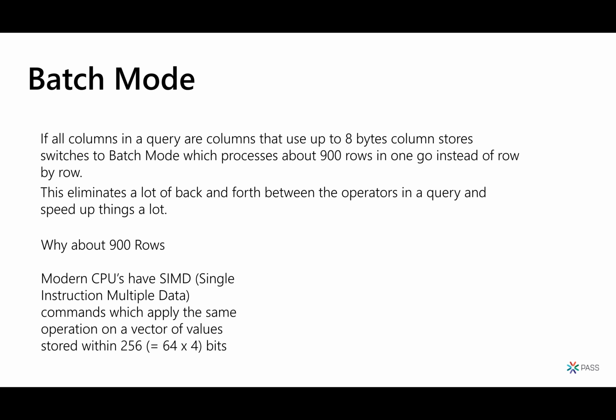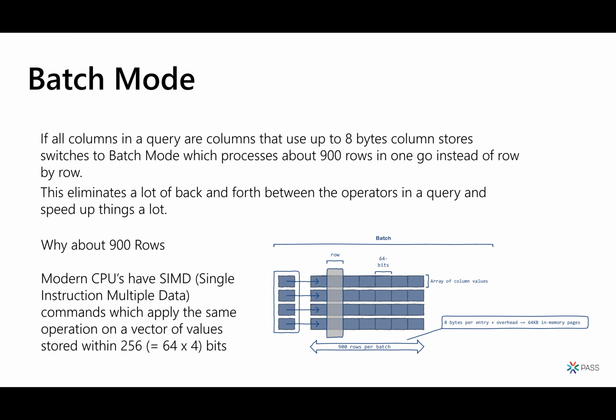And the CPU just does it. These are called vector operations. So instead of working on one set of data at a time, these operations allow you to work on 4 pieces of data in one go. And that's why it's limited to 64-bit and the 8 bytes.